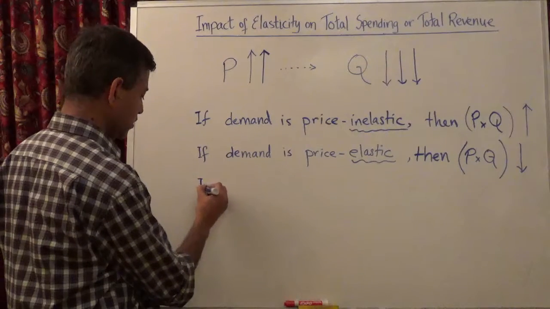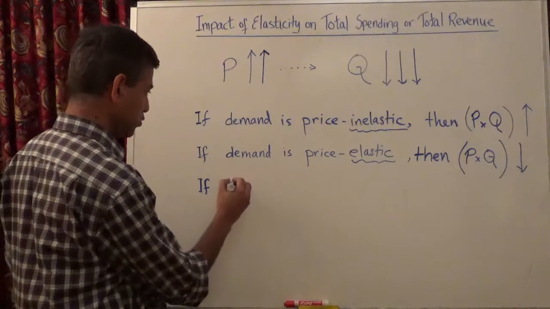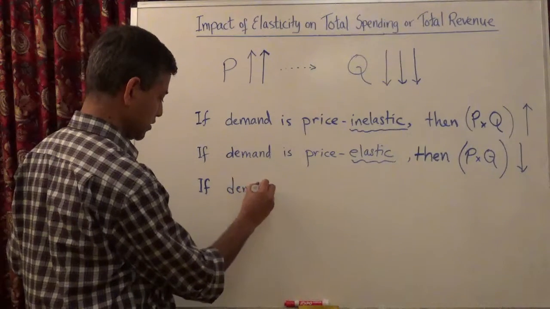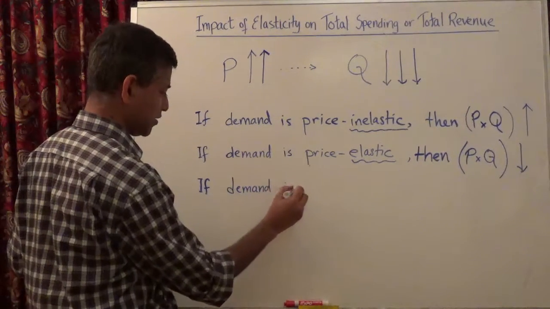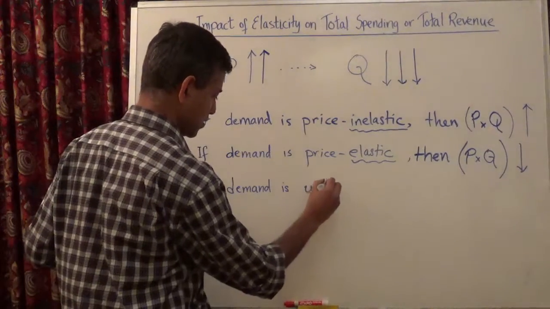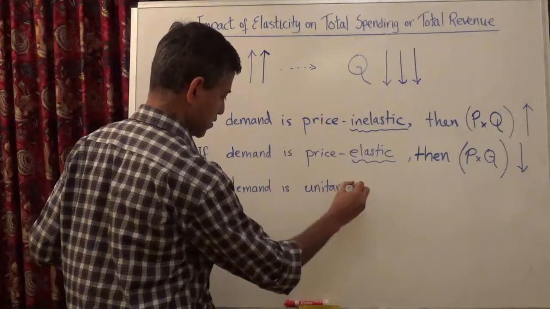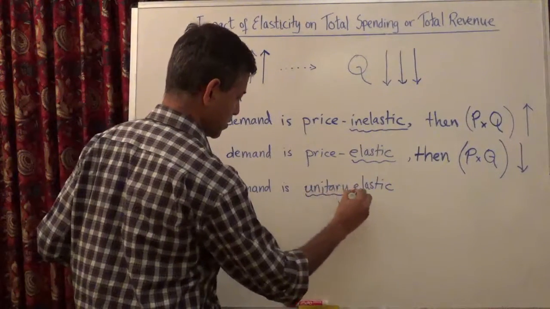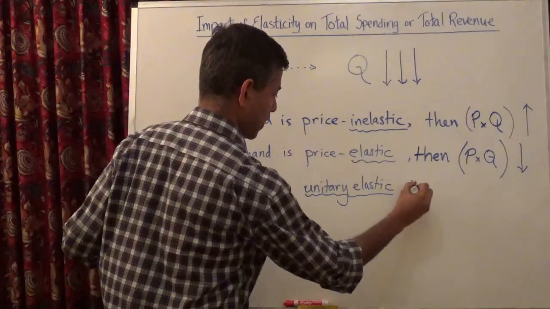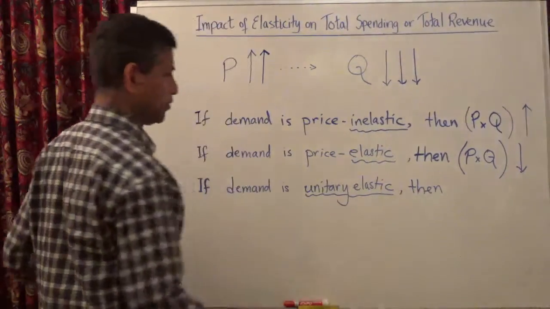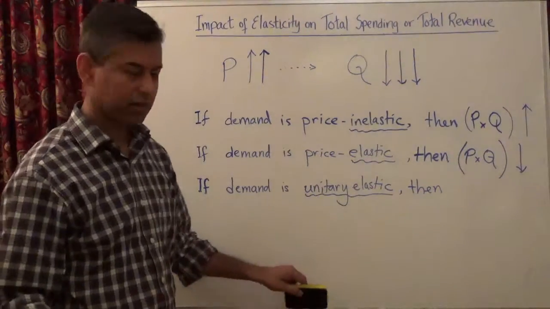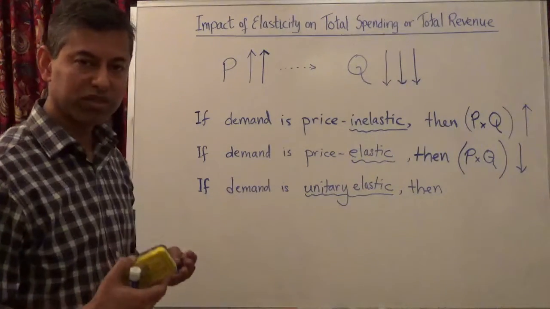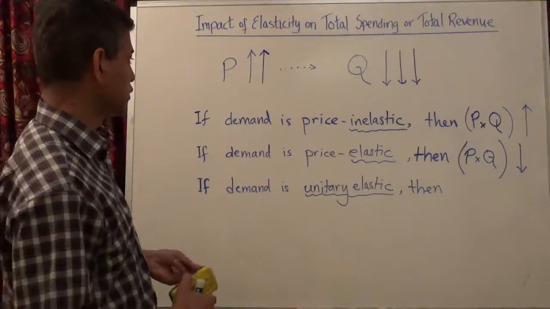If the demand were exactly in between being inelastic and elastic, in other words, if demand is unitary elastic with respect to price, what would that imply? Well, unitary elasticity, meaning an elasticity value of 1, the magnitude being 1, would mean that quantity responds exactly proportionally to the price change.